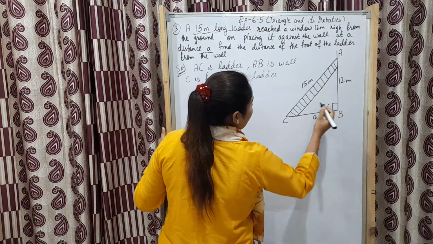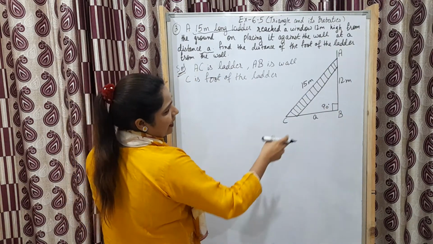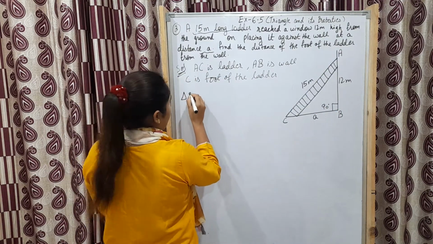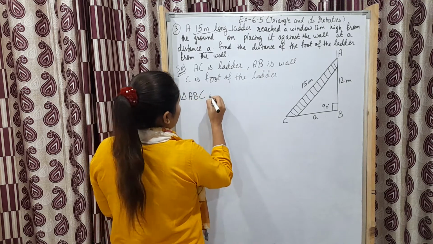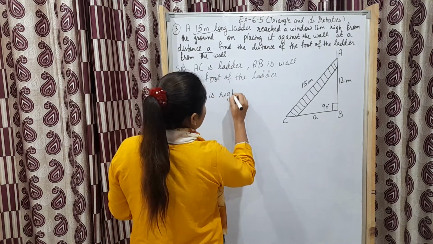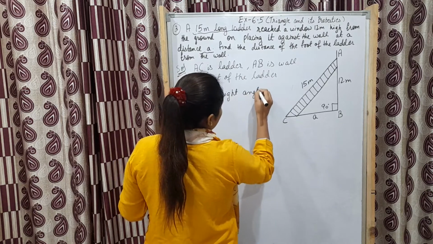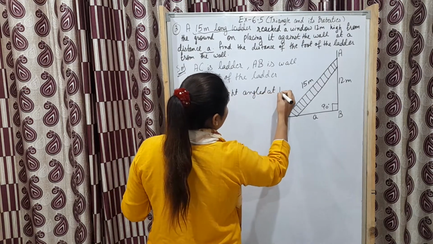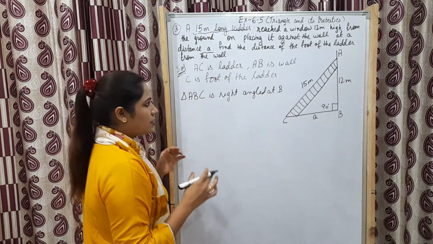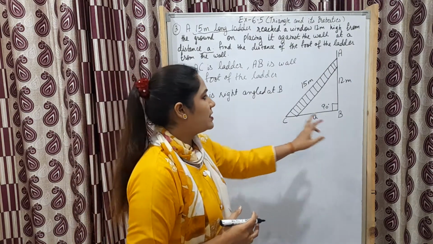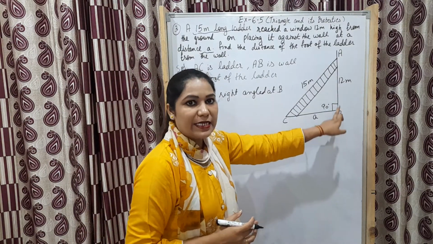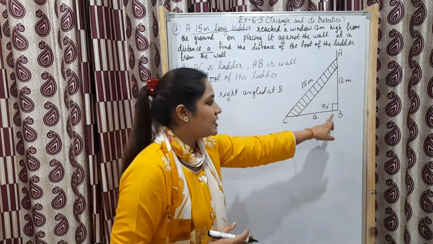So first we will write that triangle ABC is right angle at B. Students, in this type of question, always remember to write right angle in which it is right angle.